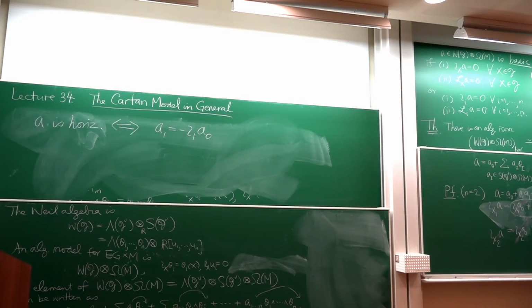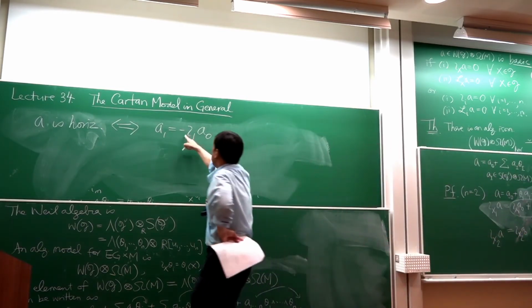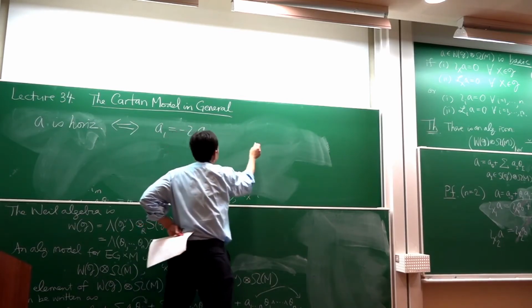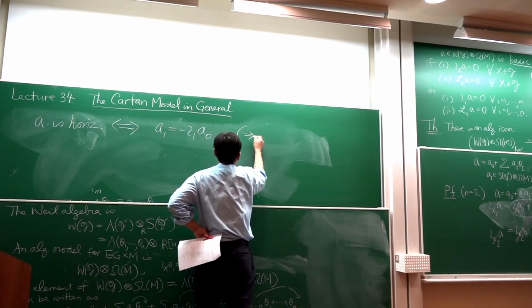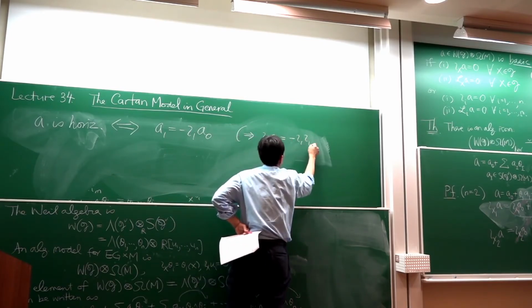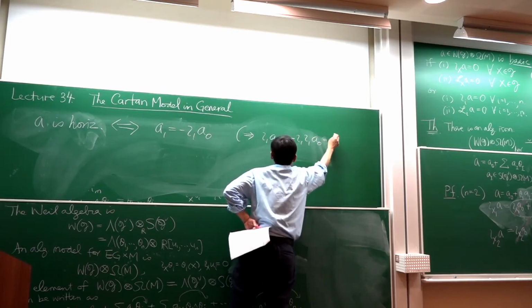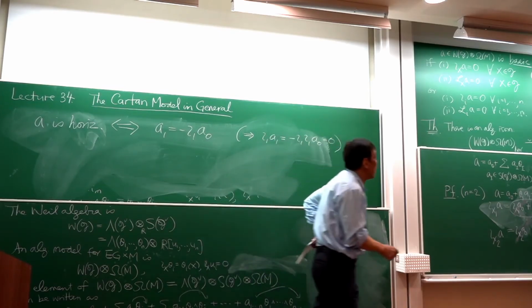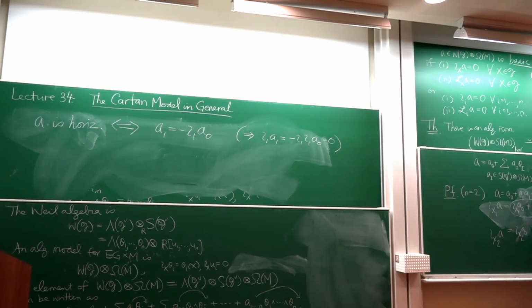So this has to be 0, I1 A1. But A1 is minus I1 A0, so automatically this will imply that I1 A1 is 0. And then for the terms with A2, there are two of them, so A1,2 has to be I1 A2.